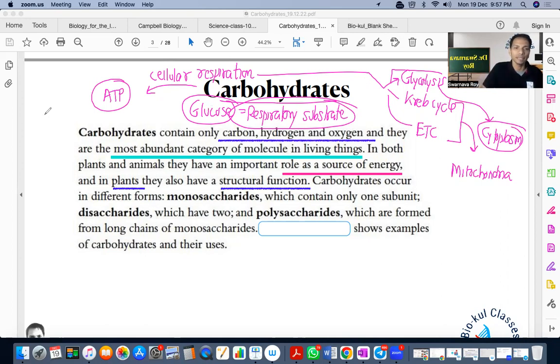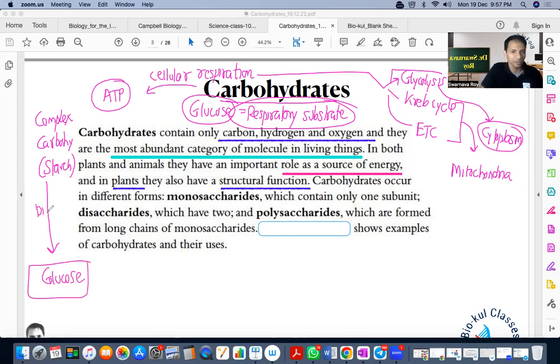A complex carbohydrate like starch, which is a polysaccharide, can be broken down to glucose by digestion, in which the polysaccharide is broken down by a digestive enzyme like amylase into glucose.